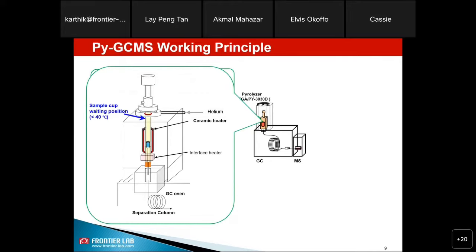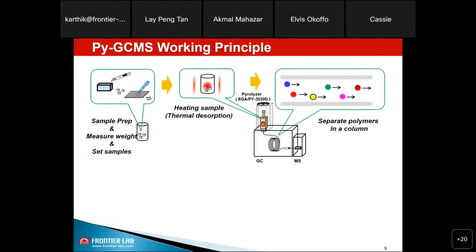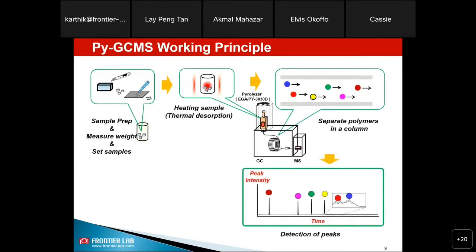Then these compounds will be pushed with the help of carrier gas, and based on their retention capacity and partition coefficient, they are separated one after the other, then detected by the detector, and then you get the output like a chromatogram. This one is actually for analyzing phthalates in electronic or plastic material.